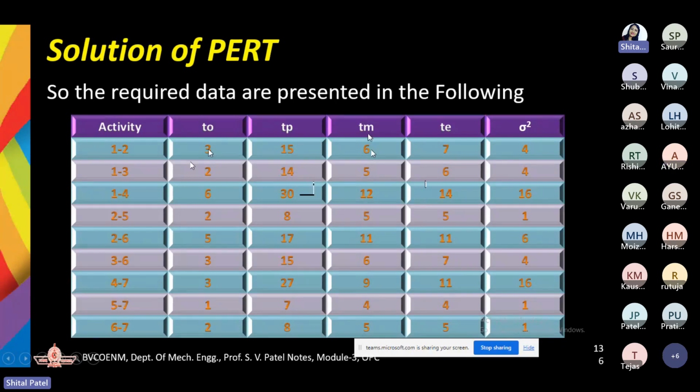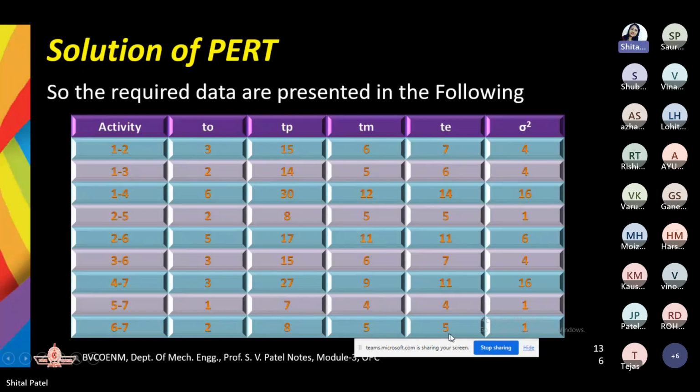Just calculate, any one of you. 6 into 4 means 24, plus 15, plus 3. How much have you received? 7. So you have received 7, right? In a similar way, the very first step is to find out this TE for all the activities.